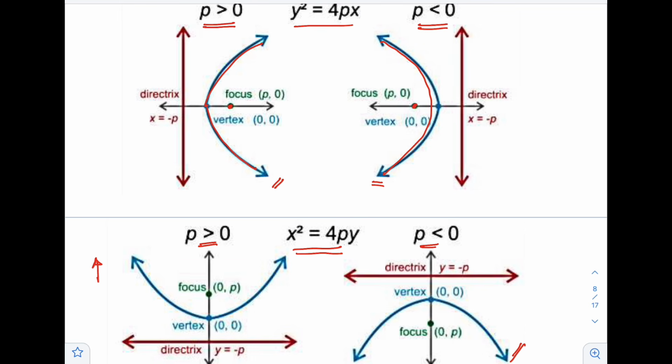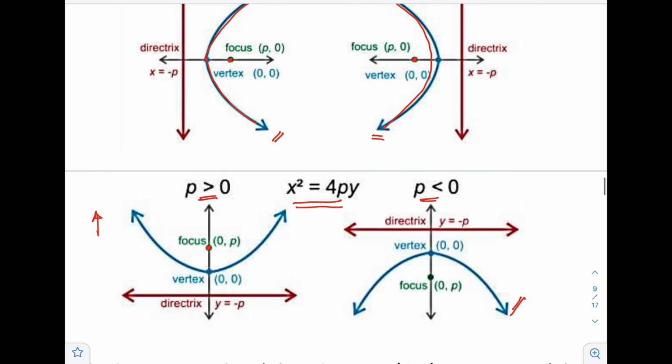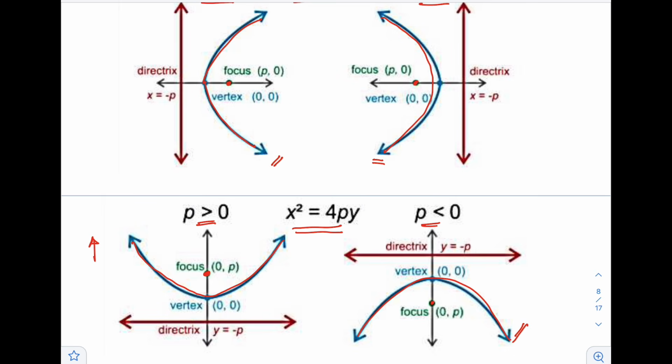Kung yung focus natin is nasa upper part ng ating vertex, yung parabola natin is opens upward. Okay? Then if the focus is nasa may baba ng ating vertex, the parabola opens downward.